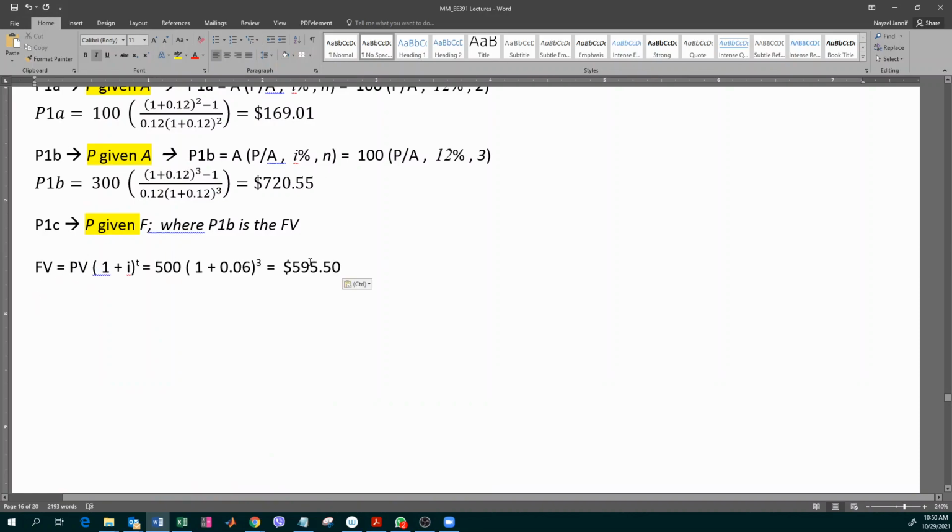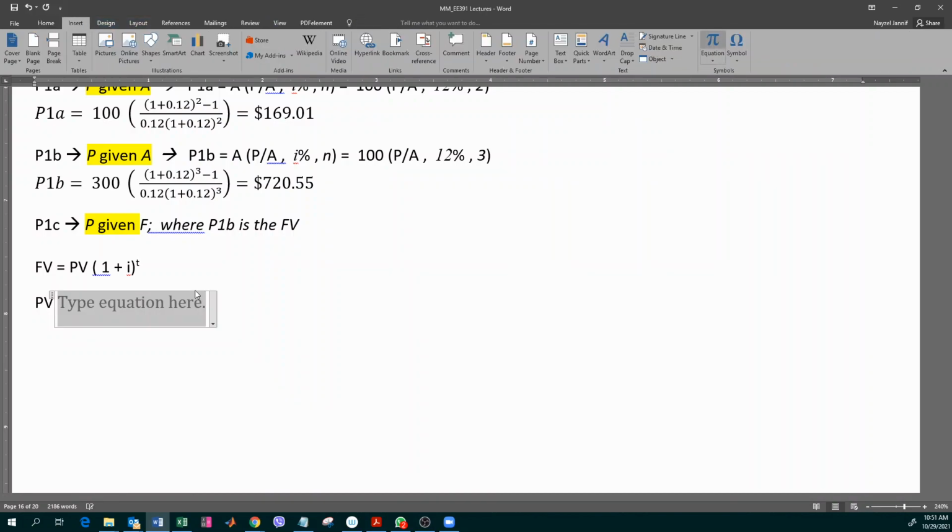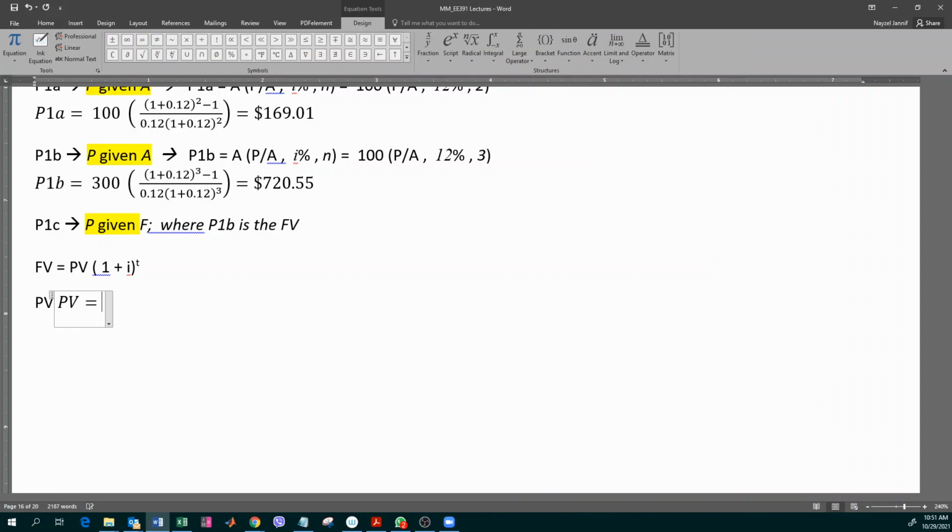Okay, so if future value is equal to that, then basically your present value is equal to future value divided by 1 plus i to the power of n.